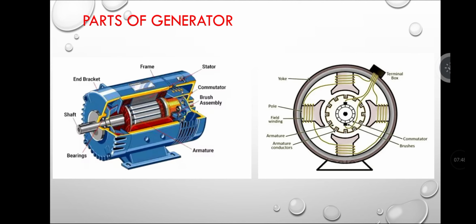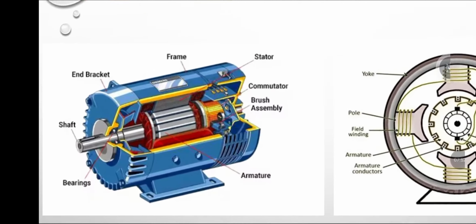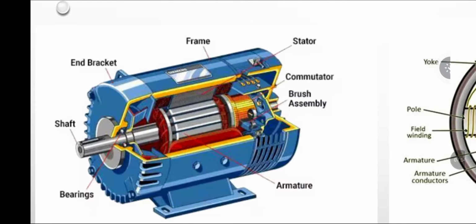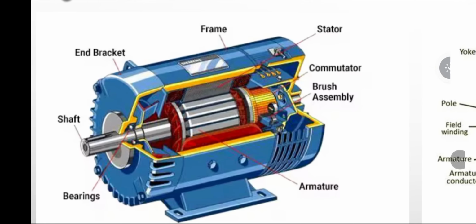Now just go through the parts of generator. So I guess that those who are electrical engineers, or those who daily interact with the electrical technology, they are familiar with this concept of the parts of generator.